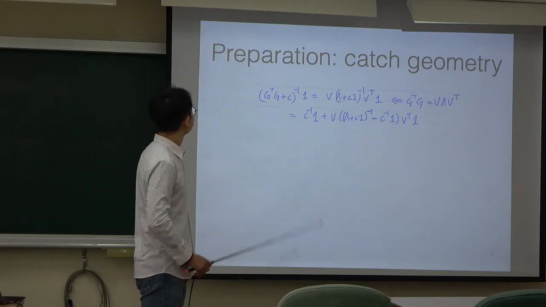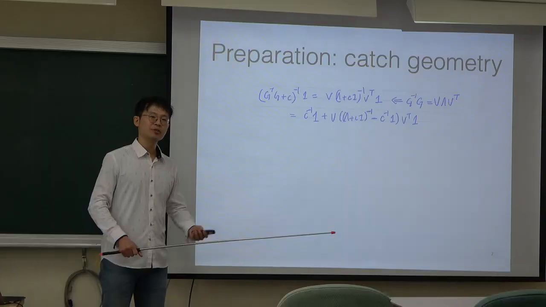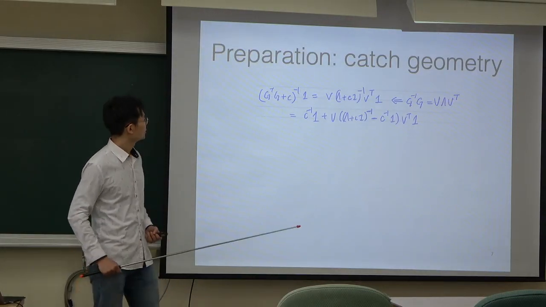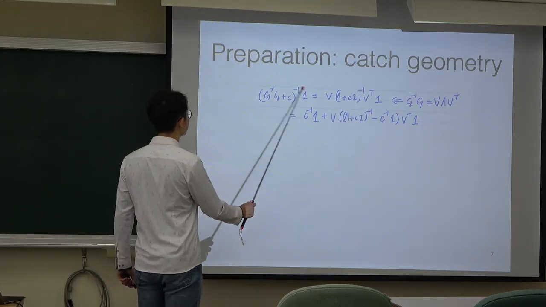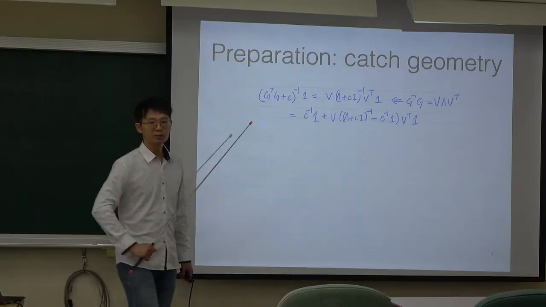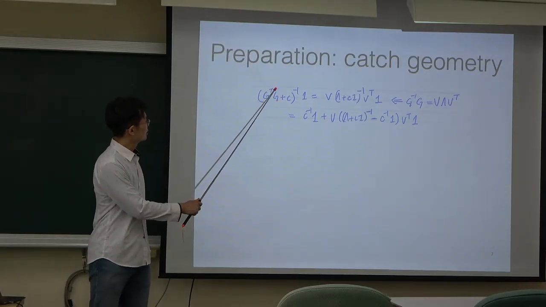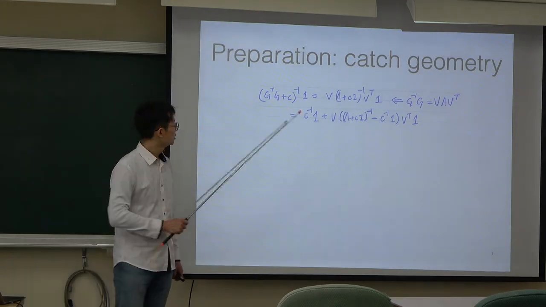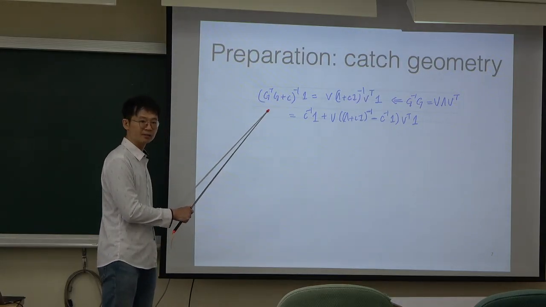So we want to see how this algorithm captures the nonlinear geometry. What do we do? We need to play with this matrix and do something. So you have G transpose G, and this matrix may ring a bell, right? This is very much like the Gram matrix of the data set, right?